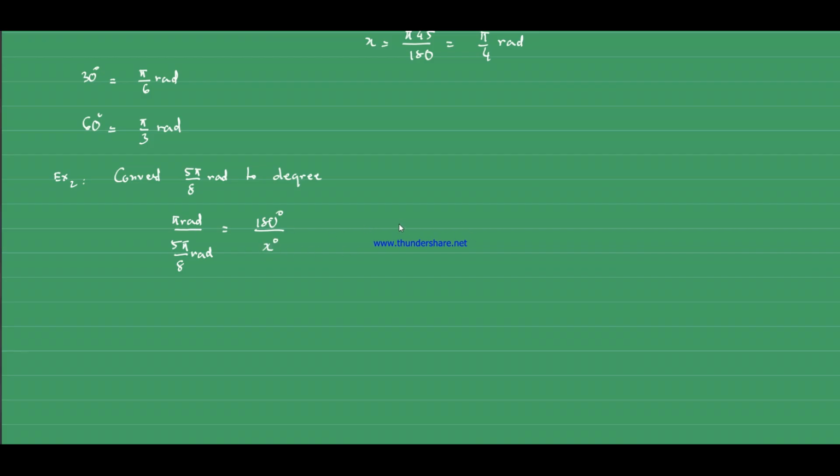So we cross multiply. x degrees will be 5 pi over 8 times 180 divided by pi. The pi cancels out, so we end up with 5 times 180 divided by 8. So we have 112.5 degrees. You see that? Very easy.